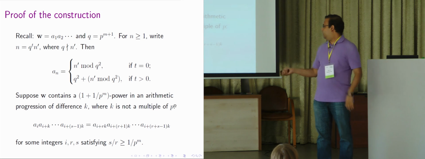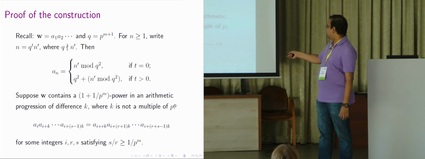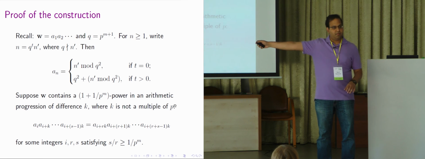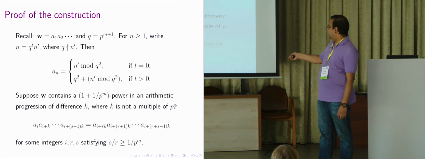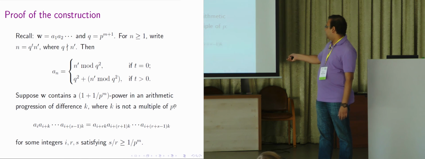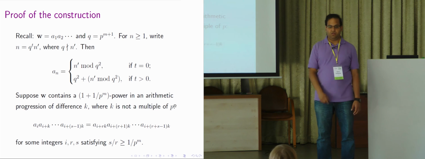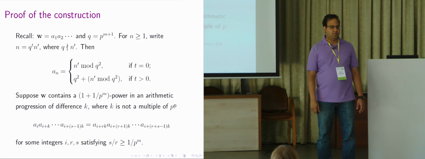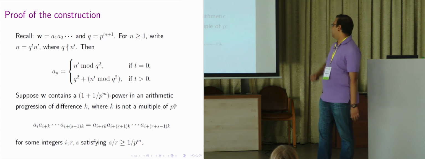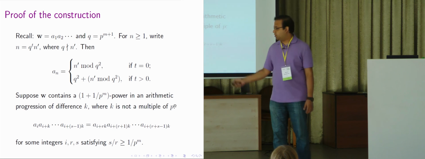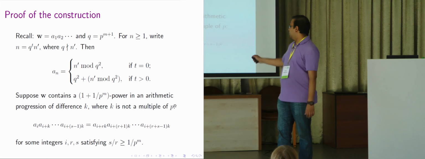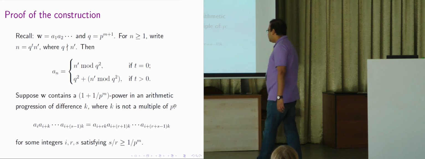It will repeat again later on. This block of length s will repeat again later on at a distance r. And the ratio of s over r should be bigger than 1 over p to the m, right? So this is a 1 plus 1 over p to the m power, and it's in this arithmetic progression, right? So I have this equation here.